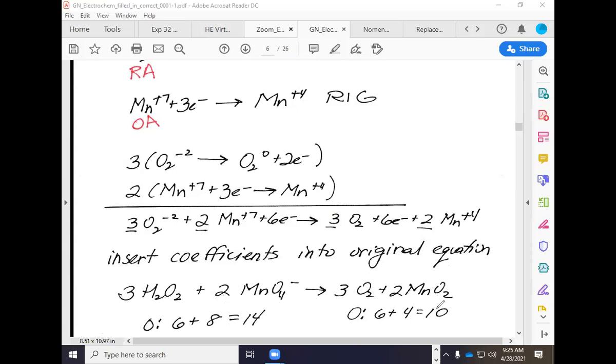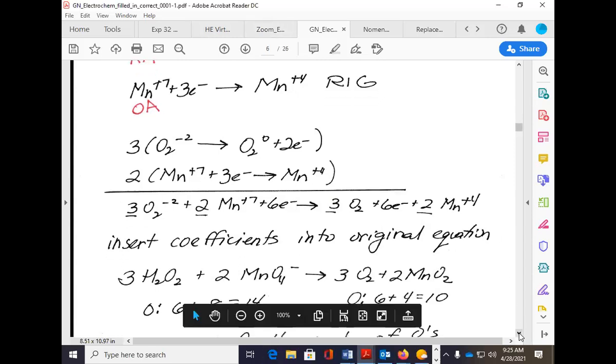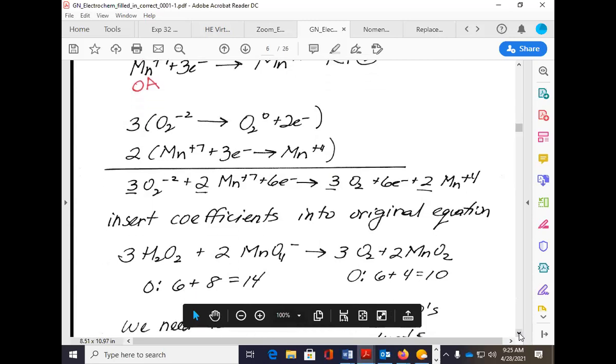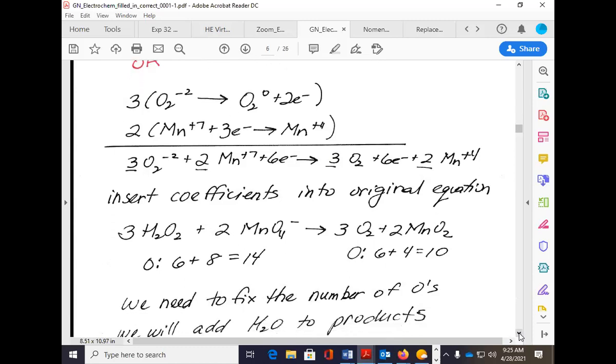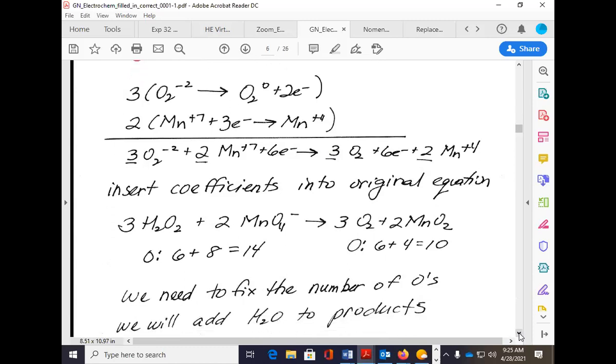We have 10 oxygens on our product side. Okay, so we need to fix the number of oxygens, and we will add water to the products.